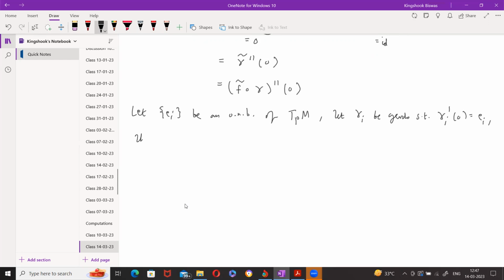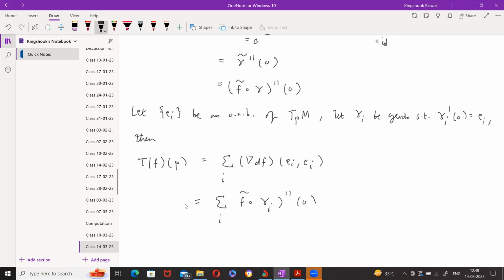Then we can compute the tension field tau F at the point P. This is the sum over i of nabla df of e_i, e_i, which, as we've just seen, is the sum over i of F tilde composed with gamma_i double prime of 0.